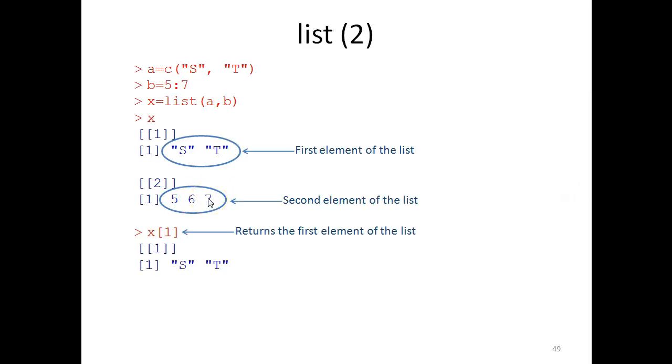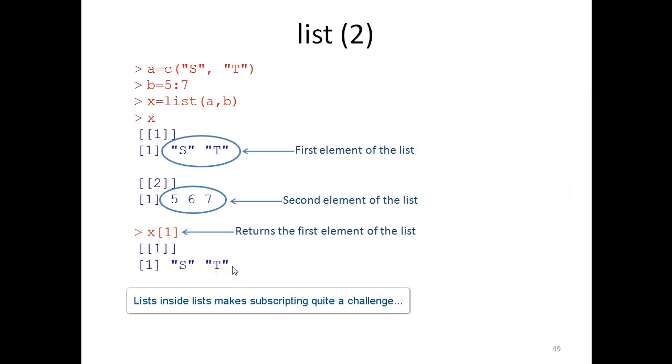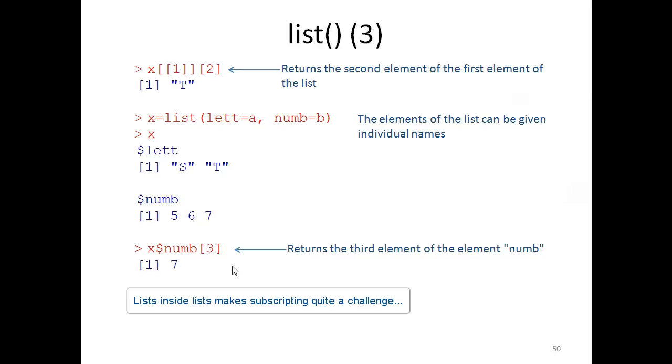Now if I want to extract only the first element from the list X, then I write X bracket bracket 1 bracket bracket, and then I get only the first element in return. A bit more complicated situation is when I'm trying to subscript into an element within a list.